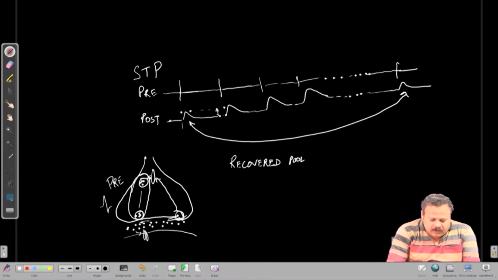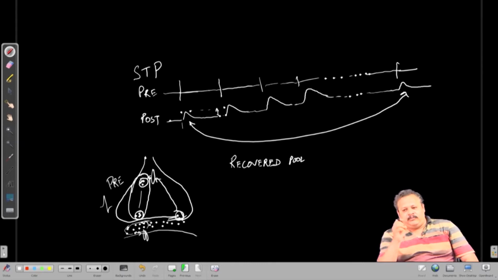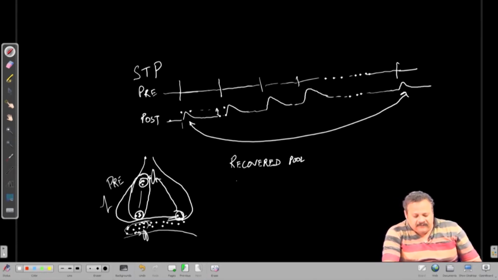The pool of neurotransmitters in the vesicles inside the recovered pool, the ones that are effectively producing the postsynaptic potential, that is they are being bound to neurotransmitters, is called the effective pool.